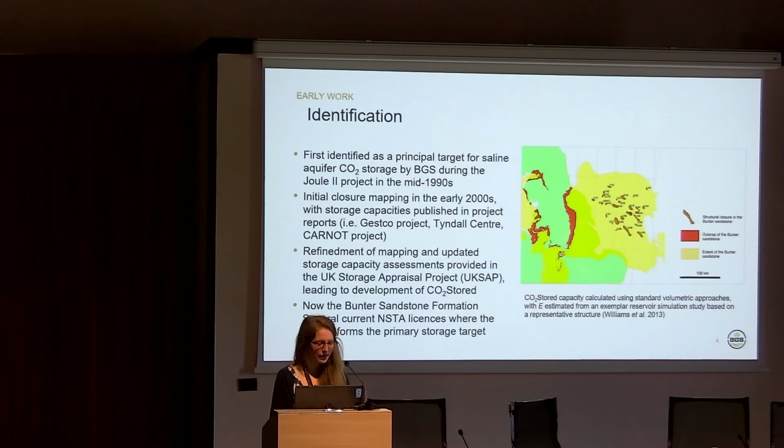I don't know much about the projects, but I'm sure others can add if you're interested. And then refinements of mapping and updates of storage capacity were provided in the UK SAP project, which led to the development of CO2 storage.